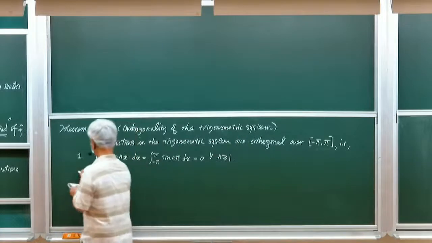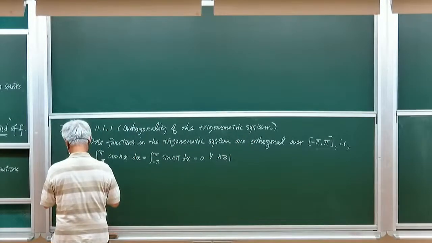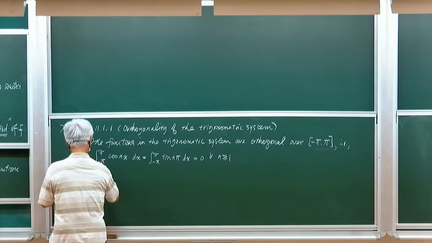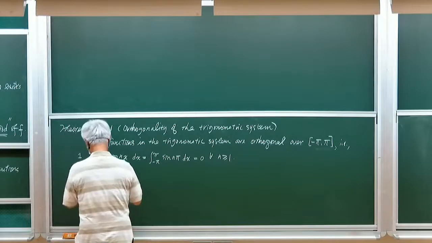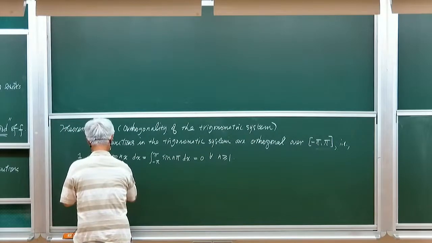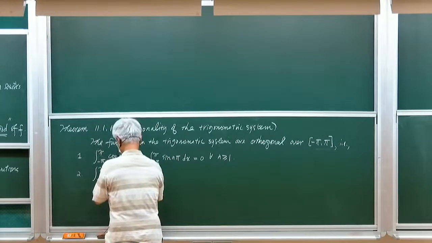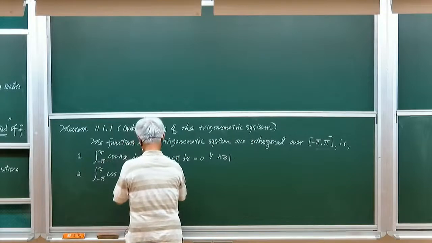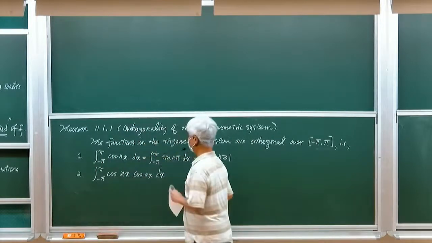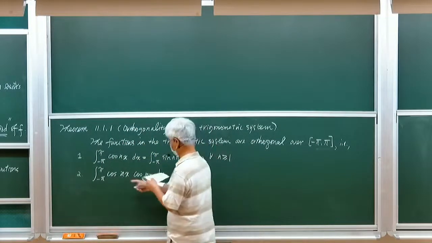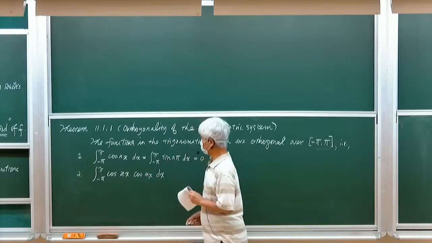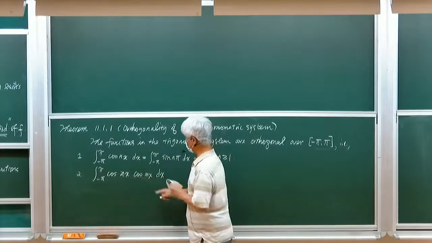Okay. The second is that, okay, so here comes the orthogonality. The cosine n of x times the cosine m of x. So if you multiply two cosine functions here, n is not equal to m.